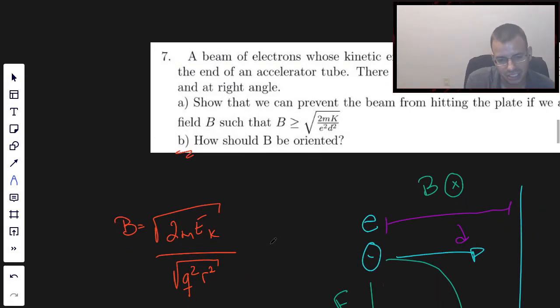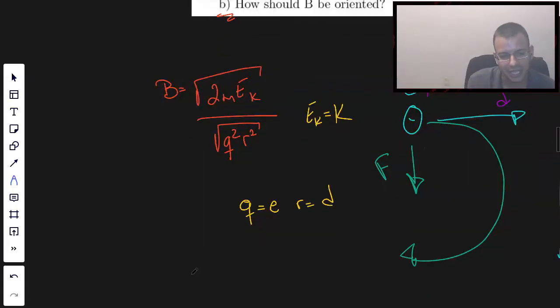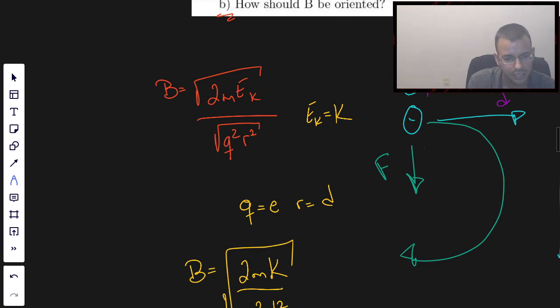I'm going to say that kinetic energy is the same as K, and then I'm basically just going to copy everything that they have. So 2 m K over e squared d squared, square rooted, is the magnetic field.